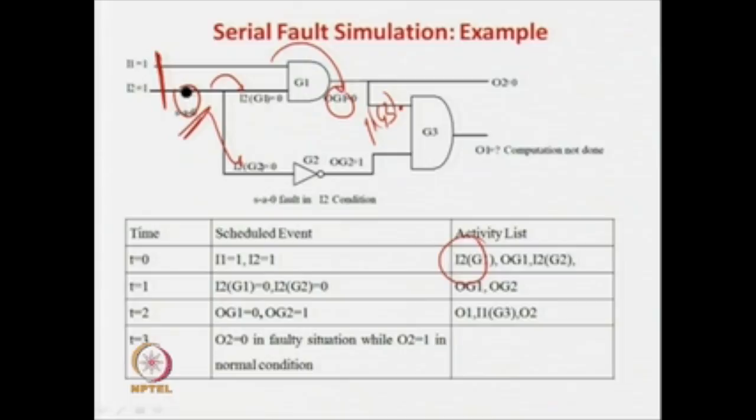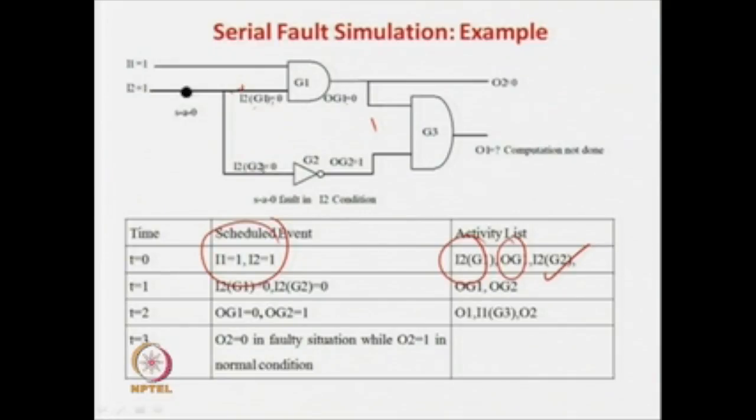So the activity is I2G1, the single level, OG1 at the same level, and I2G2, because these are the signals we have, with a one level change from these signals. You are going to have these as the activity list, because these signal changes, that is input equal to 1 and input equal to 1, are going to have a direct impact on these 3 points only.